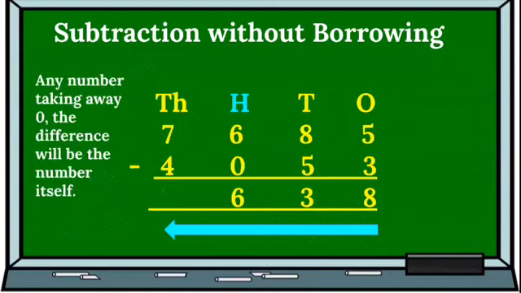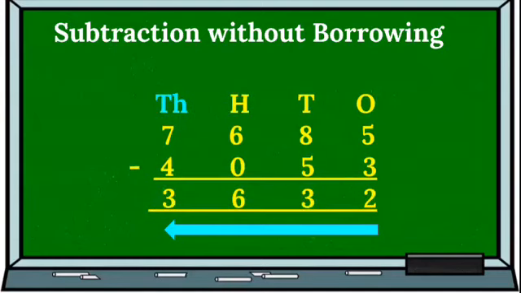Now any number taking away 0, the difference will be the number itself. We saw that in the example where 6 take away 0 gave us the difference again of that same number, 6. Thousands, 7 take away 4 gives us a difference of 3.